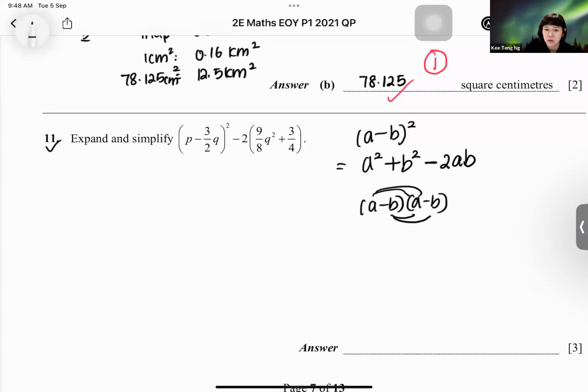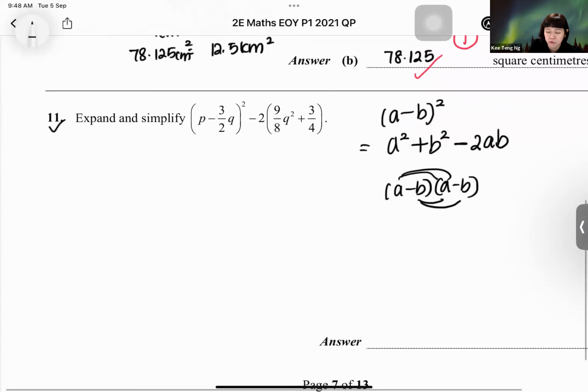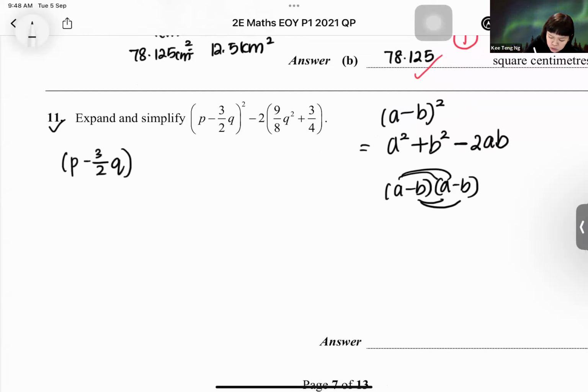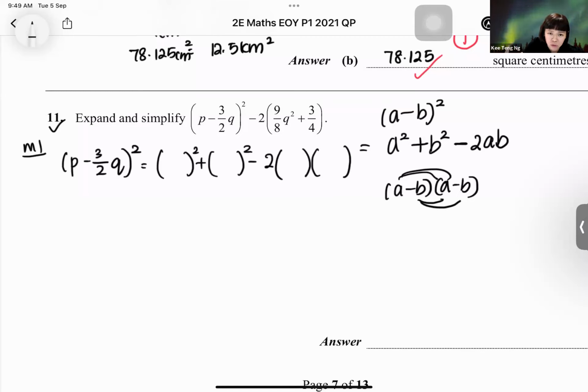Okay, no problem. Can? Now I'm going to show you a bit of both methods. First, I'm going to expand P minus 3 over 2Q, whole square, using method number 1. That will be A square plus B square minus 2 times A times B. It's a multiplication, so you need to write the brackets.